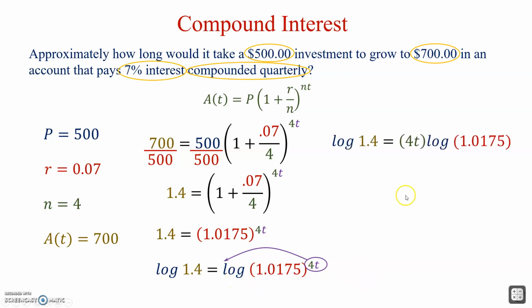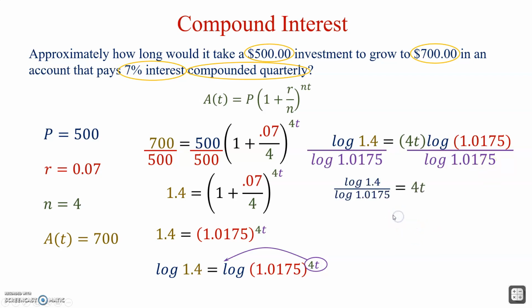So this is what we're left with. There's the 4T in front. Now to get the T by itself, we divide both sides by that log 1.0175. Notice I'm not doing any math yet, just keeping it all in its exact form. Divide both sides by 4. Type this straight into the calculator.